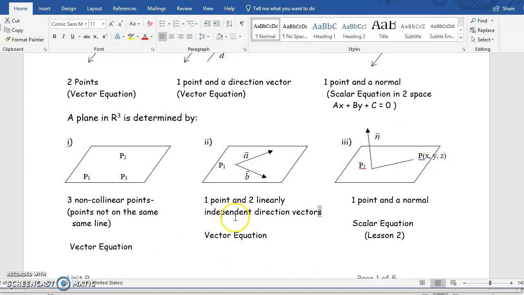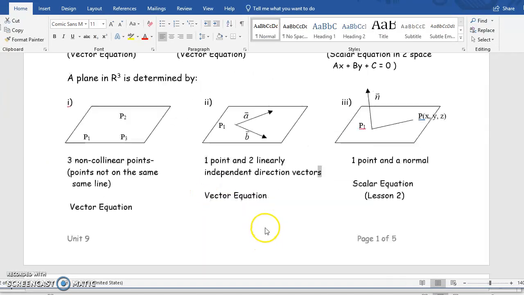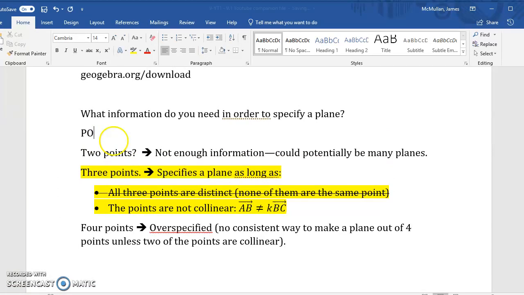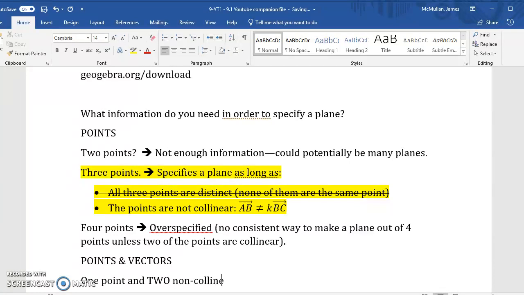So a good way to think about this is, so we did sort of like a points method, a points and vectors method would be the next way. One point and two non-collinear vectors is perfect.